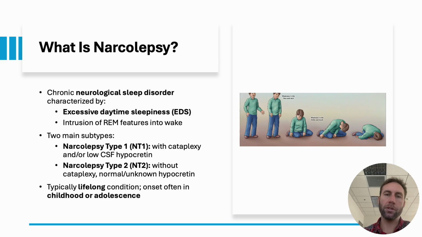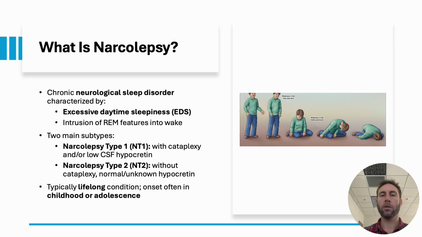So narcolepsy is a chronic neurological sleep disorder where the brain can't maintain stable wakefulness and REM sleep boundaries. So clinically, it's defined by excessive daytime sleepiness and REM features leaking into wakefulness. And it can be divided into two main subtypes, so type 1 and type 2.